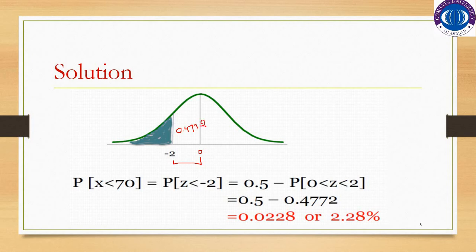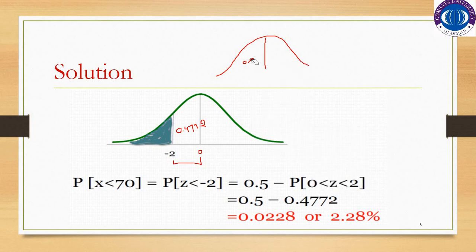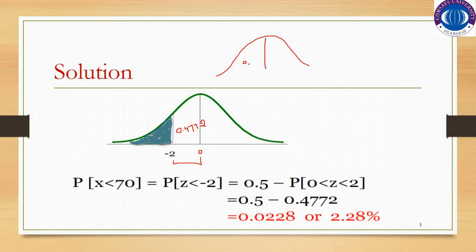0.4772. So what you will do, as you know that the total area under the normal curve is 1, and this area is 0.5. This one is split into two parts.